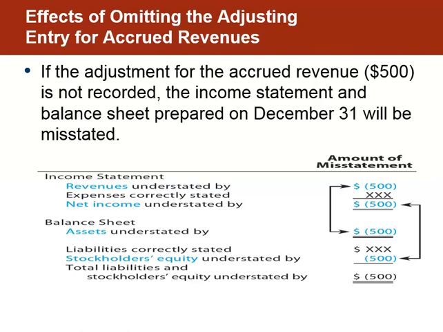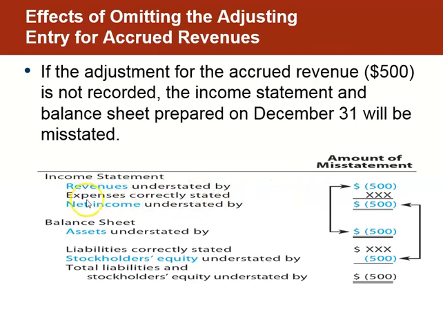So, with that said, let's look at what would happen if we did not make this adjusting entry. What would happen is that for the current year, revenues are going to be understated by that $500. So whatever revenue we made for the year, whether it's $50,000, whether it's $50 million, doesn't matter. The result of that one little transaction not being recorded is going to understate revenues by $500.